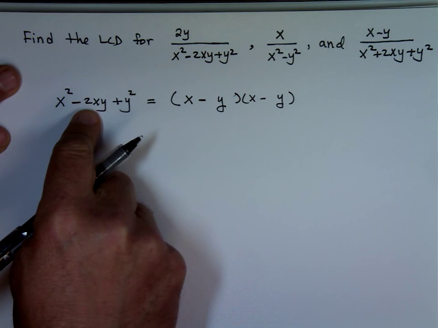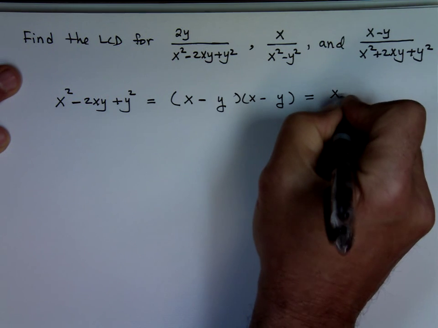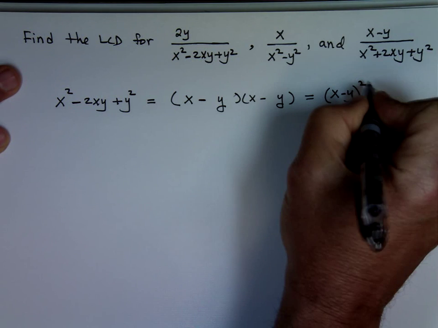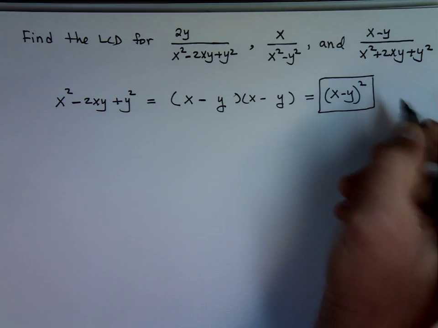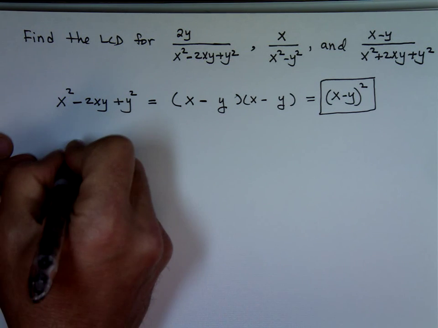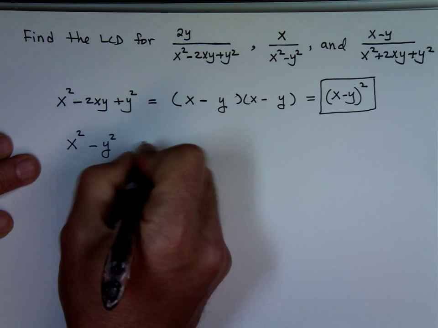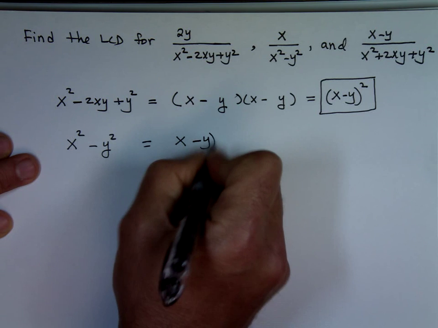So since these two are the same, there's two of them. This one, this is the difference of two squares. X minus y, x plus y.